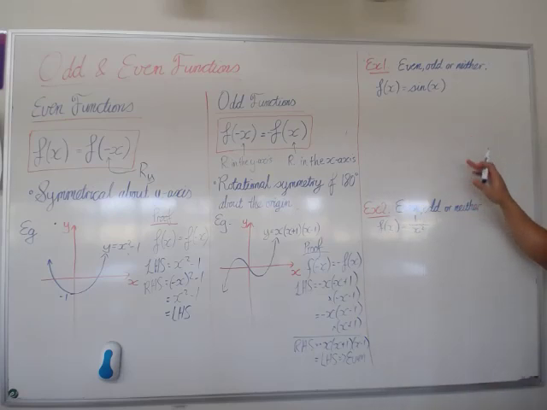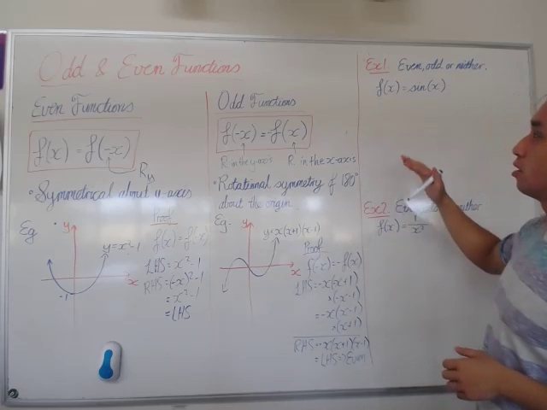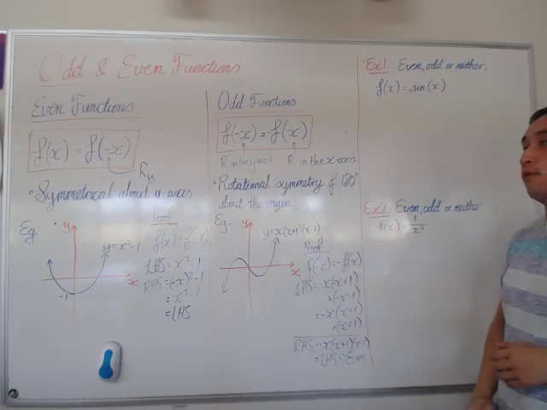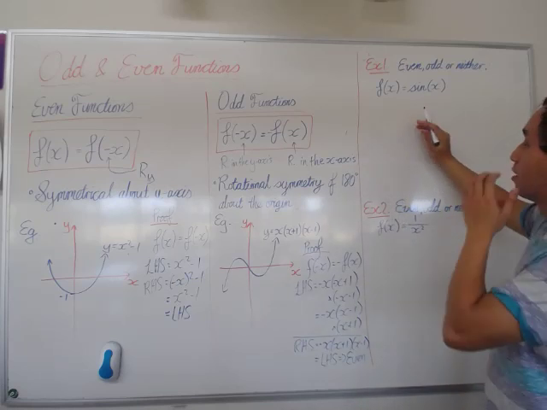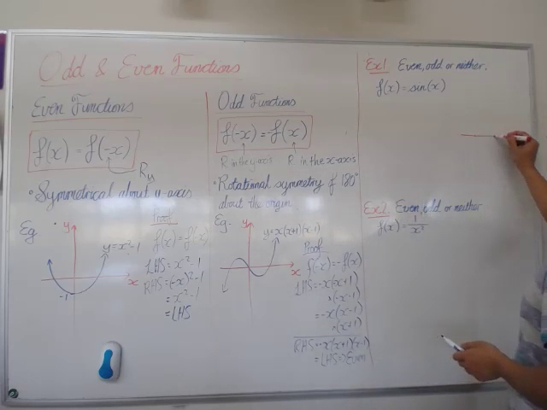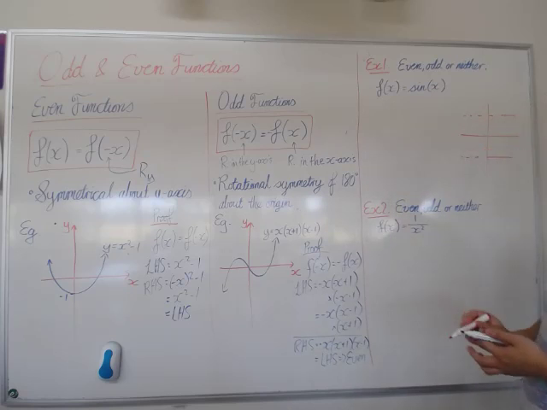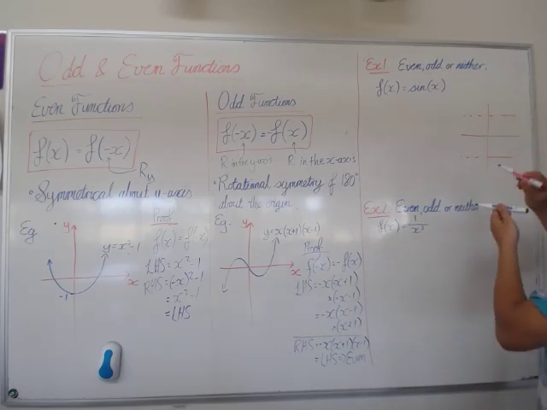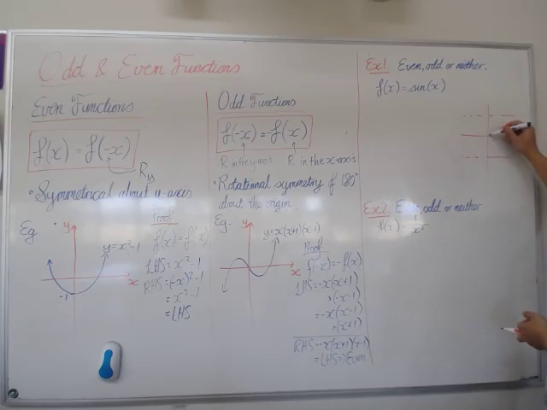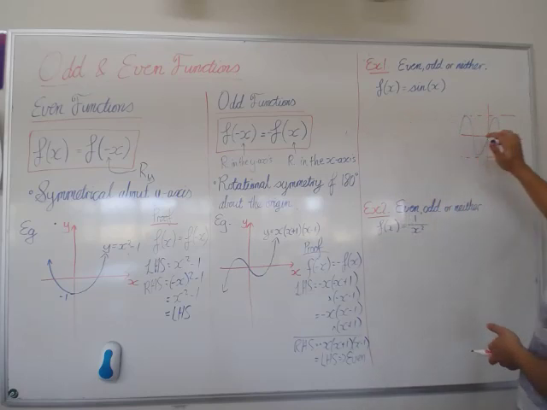Alright, so let's look at some examples where we need to state whether the function is odd or even based on the rule. So we have f of x equal to sine x here. For sine x, we can think about it visually again. Just going to draw some lines to show that my amplitude is 1. Just a quick sketch, doesn't need any scale. So sine of x looks something like that, but remember, if you're not restricting the domain, it goes on infinitely to negative infinity and to infinity.